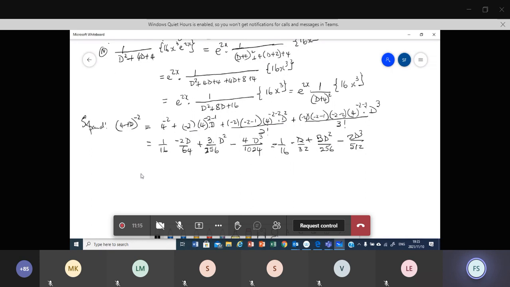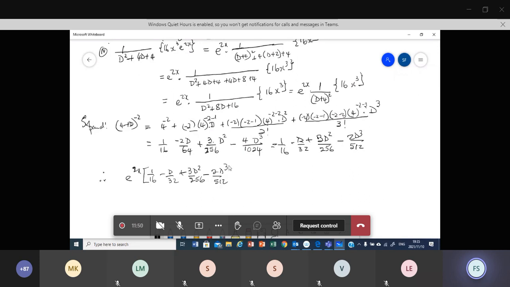Therefore, we go back. Acting on 16x cubed, it's e to the power 2x times (1 over 16 minus d over 32 plus 3d squared over 256 minus 2d cubed over 512).